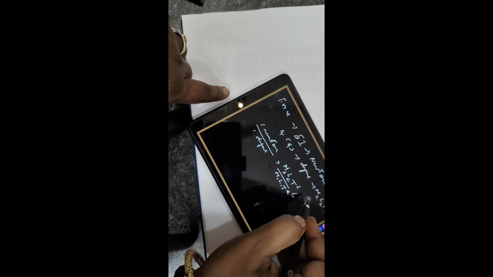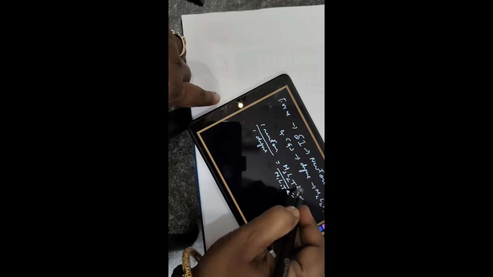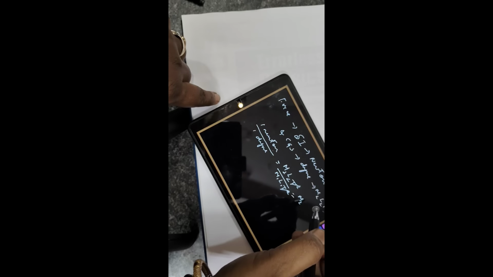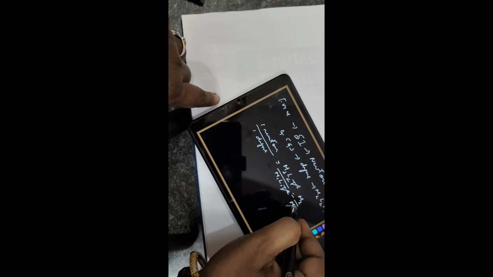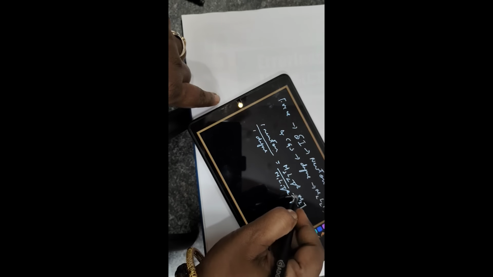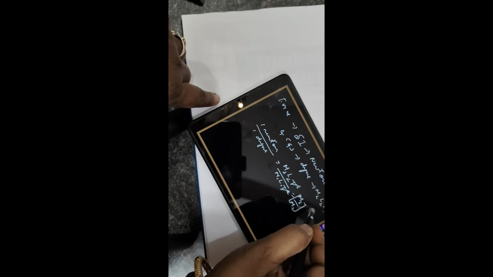So the T terms will get cancelled because they are the same. M2 by M1, let us take in one single bracket, and this as L2 upon L1.